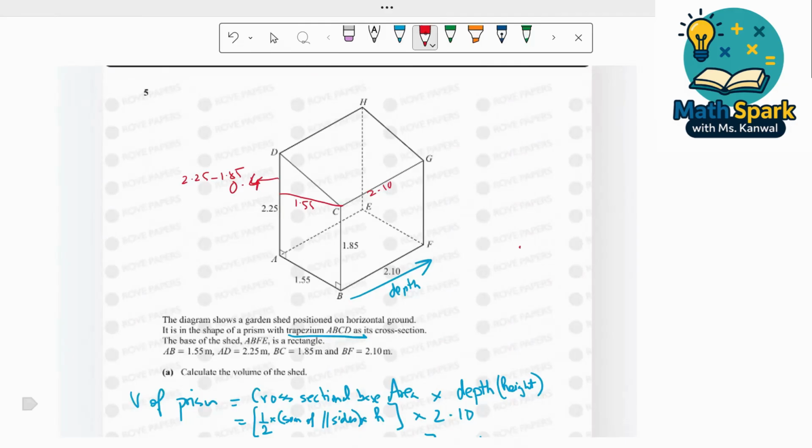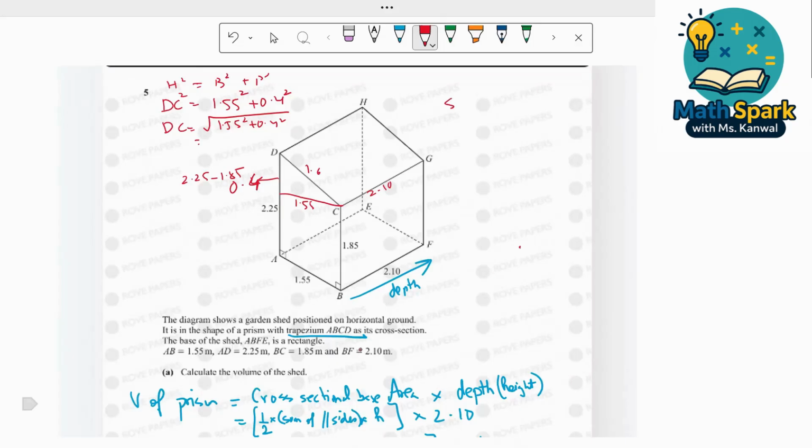Let's find DC with Pythagoras theorem. DC squared is equal to 1.55 squared plus 0.4 squared, so DC is 1.6.